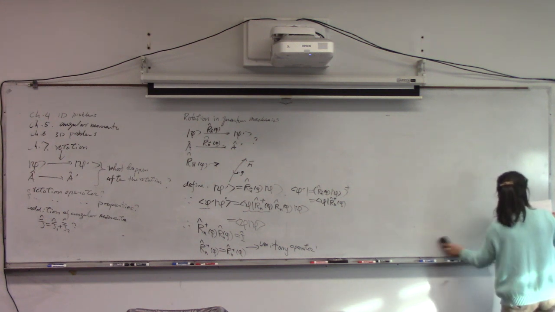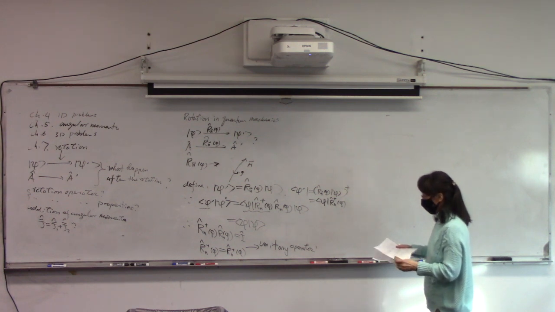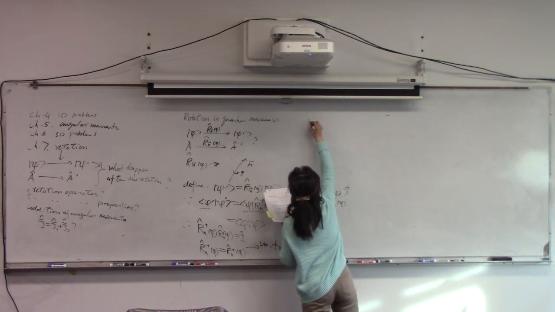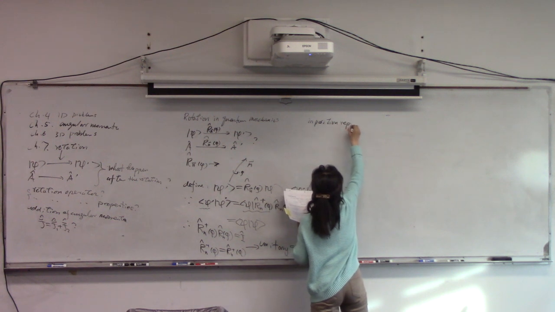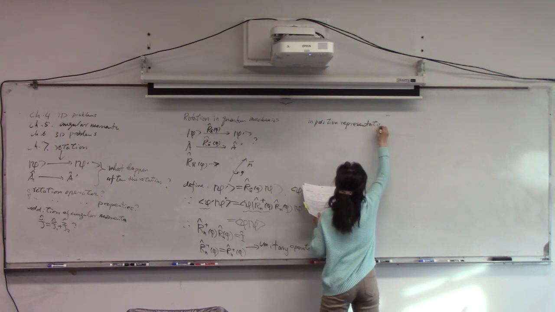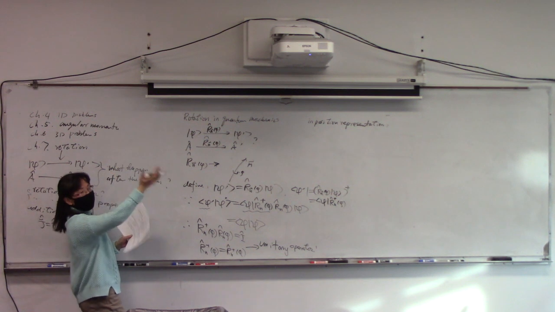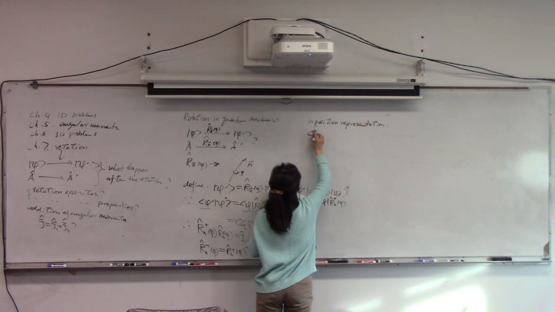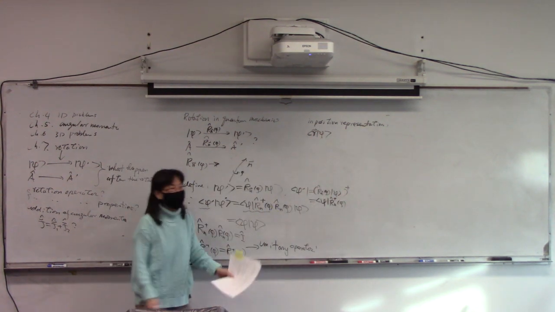That's the first one. Then we can see it in the position representation. The state ket projected onto the position representation is the wave function.